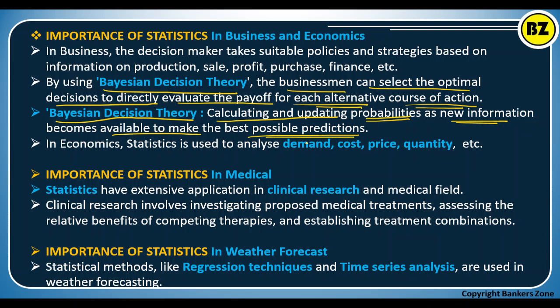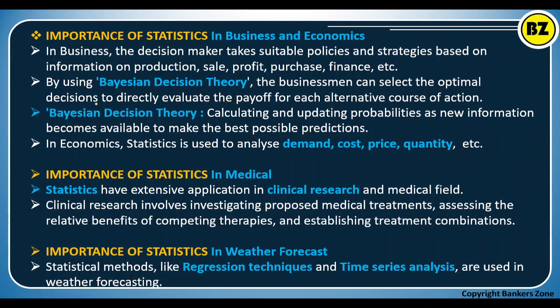In simple words, based on the information, and with the addition of new information, you can revise the decision, or take a decision based on some probability, and that will be the best possible prediction, the best possible decision. You simply remember, it is the probability based decision theory, Bayesian decision theory.